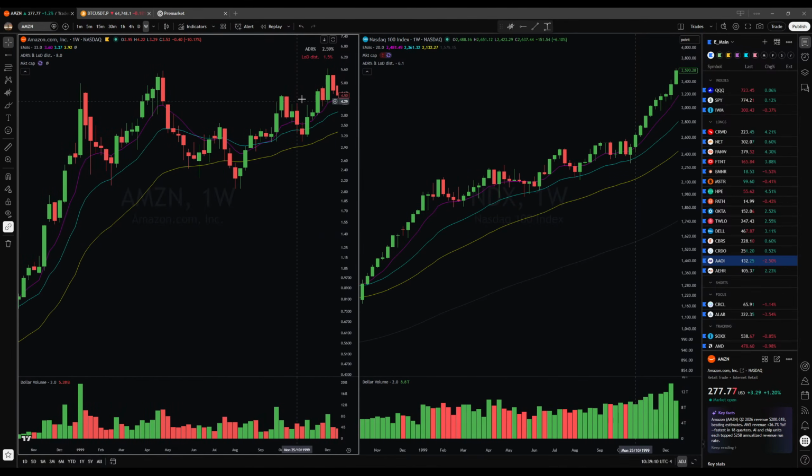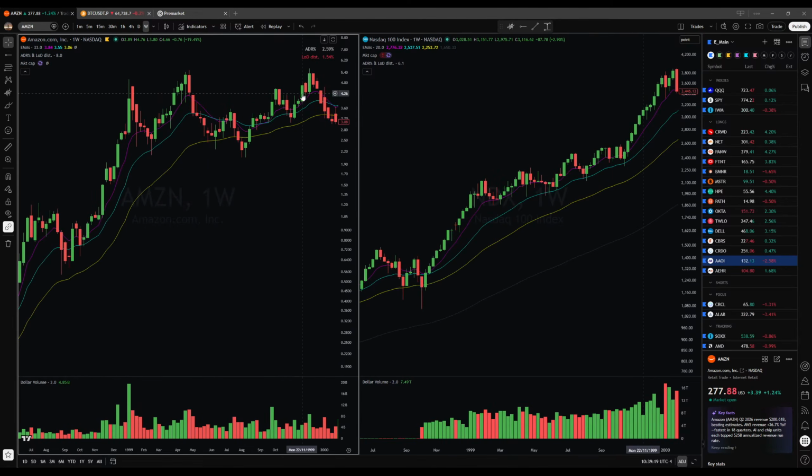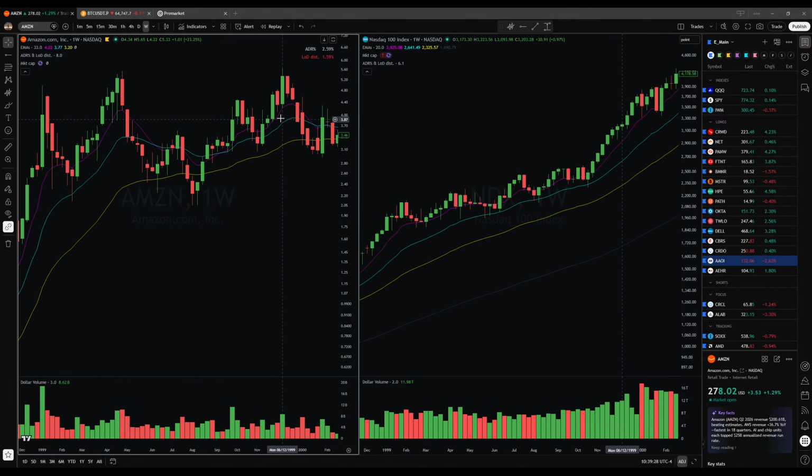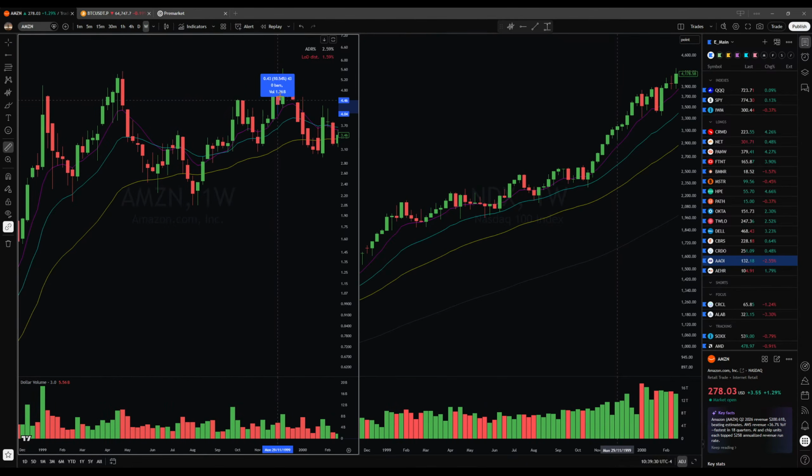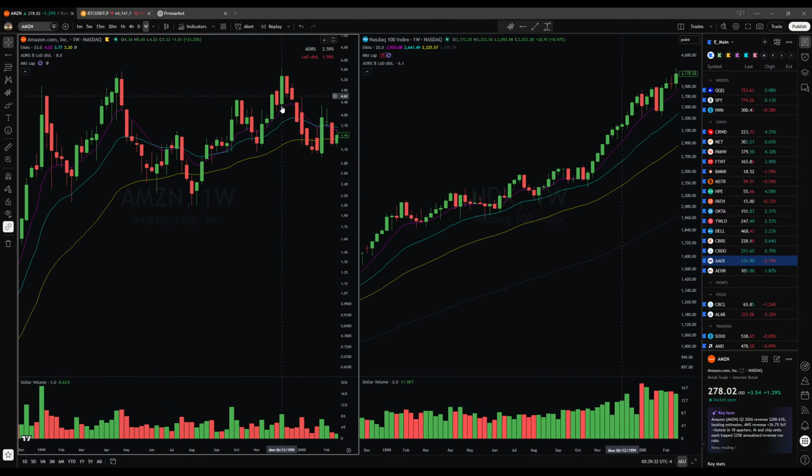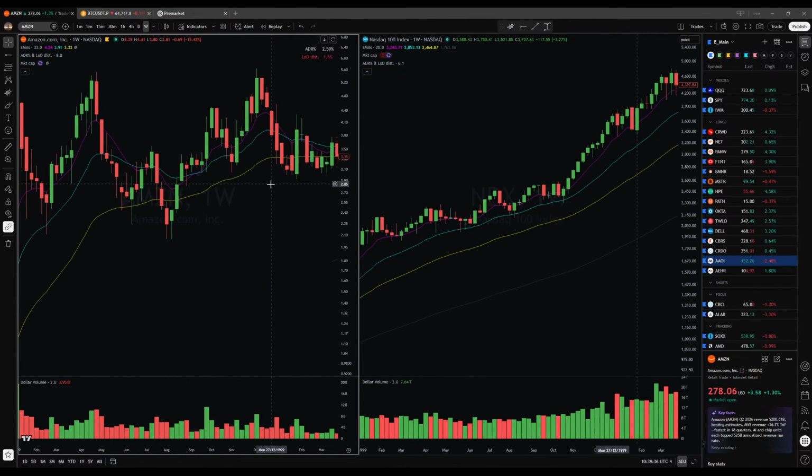And actually, this inside week breakout looks pretty good on the weekly chart, right here. And it did have some follow through, a 40% move, and then starting to roll over.